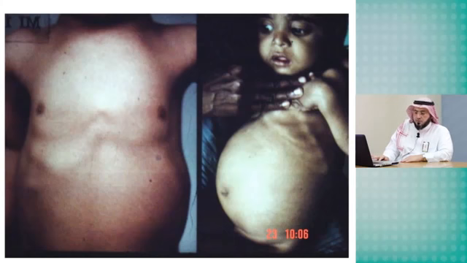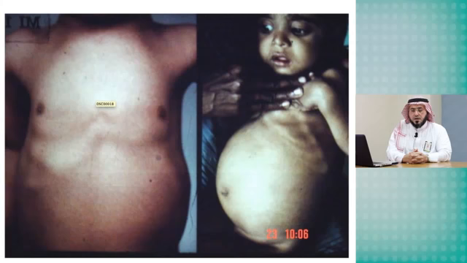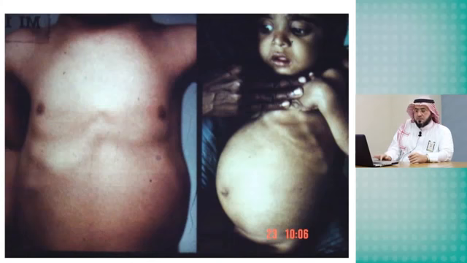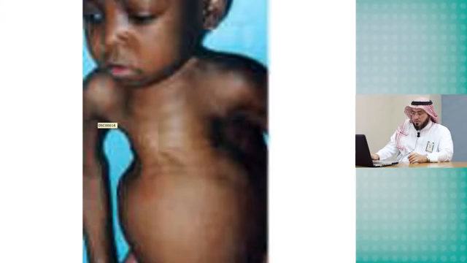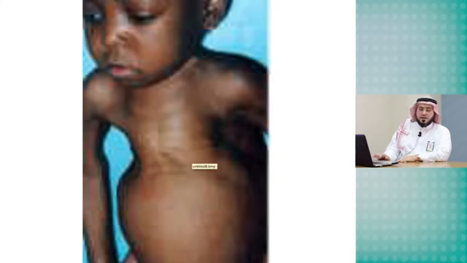Also, I forgot to mention the shape of the sternum will be deformed, like this child having what is called pigeon chest or pectus carinatum. Pectus carinatum is another manifestation of rickets, and here it is very clear, the chest cage of this child like a pigeon's chest, a chicken's chest.